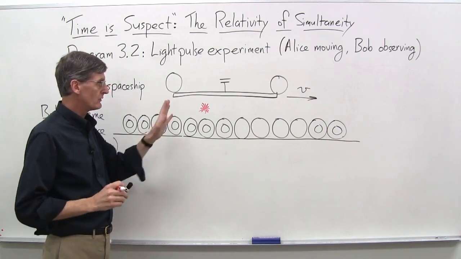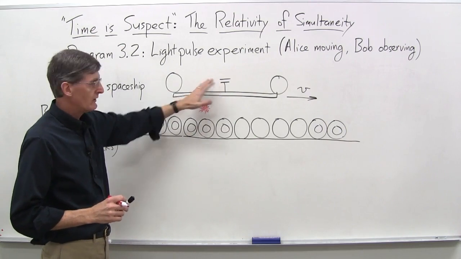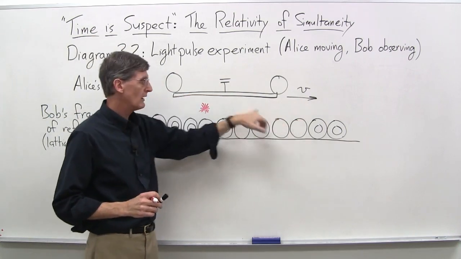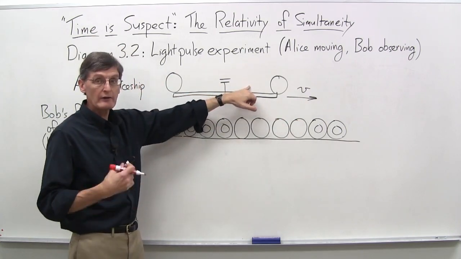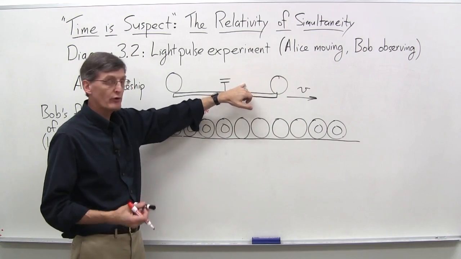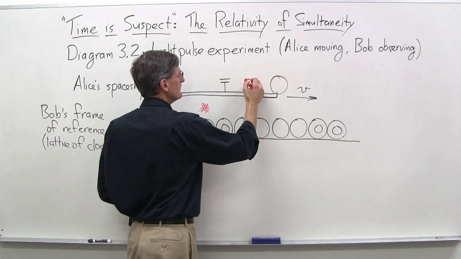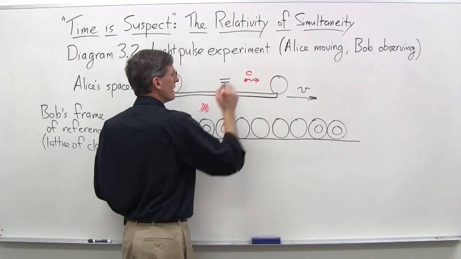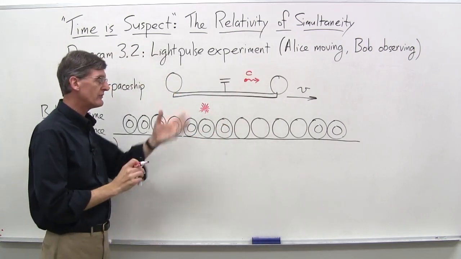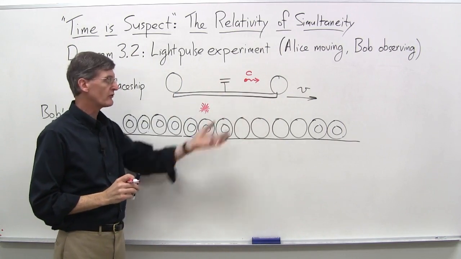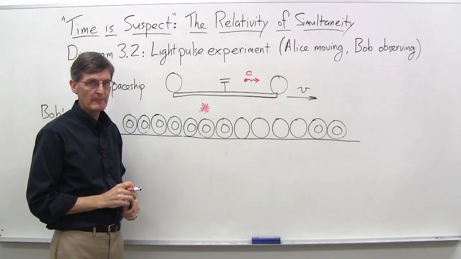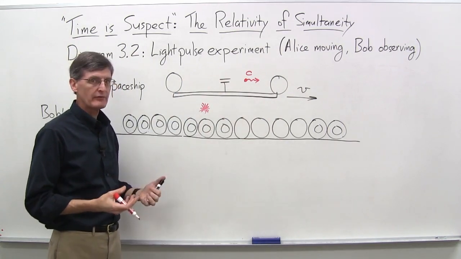If you have your light pulse gun here, and it's moving with velocity v, and you shoot a light pulse out, unlike a paintball, that light pulse will still be traveling at velocity c. It will not be c plus v. It's just velocity c.